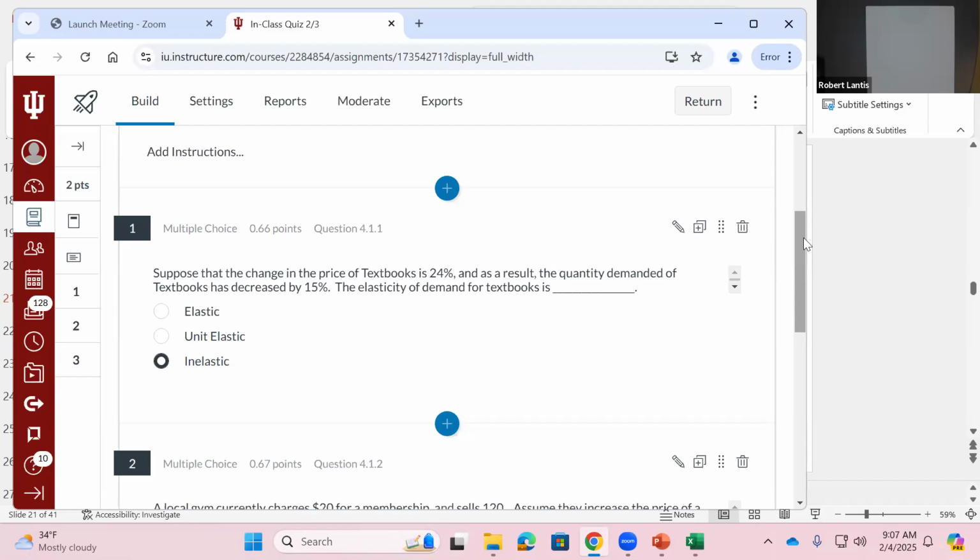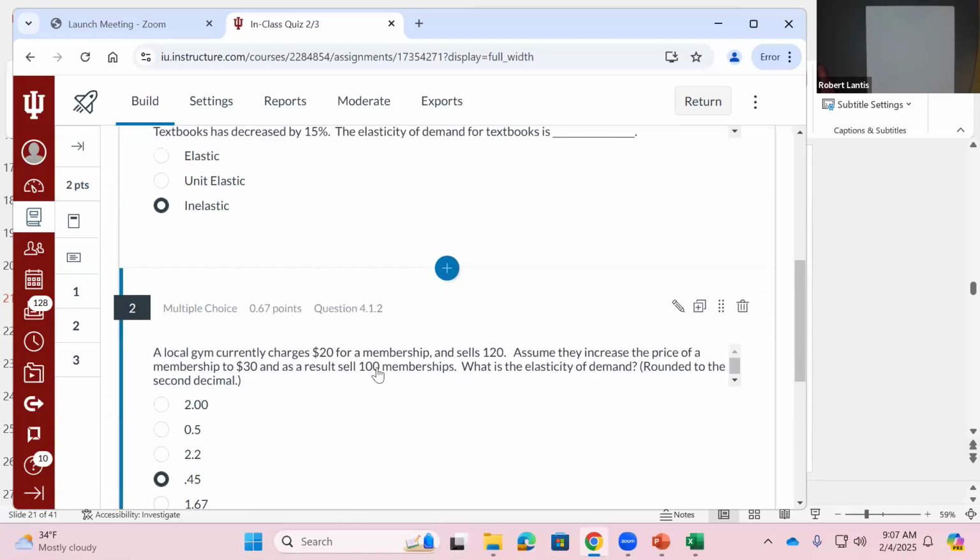Well, percentage change in the quantity demanded is in my numerator, 15 over the percentage change in price, 24. 15 over 24 is less than 1. If we're less than 1, we would say demand is inelastic. So we can do this for any values that we have.